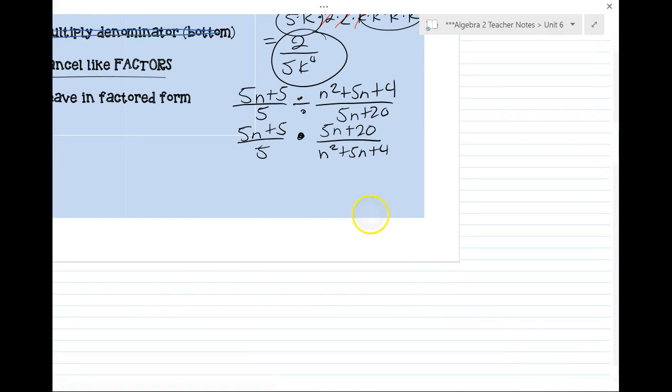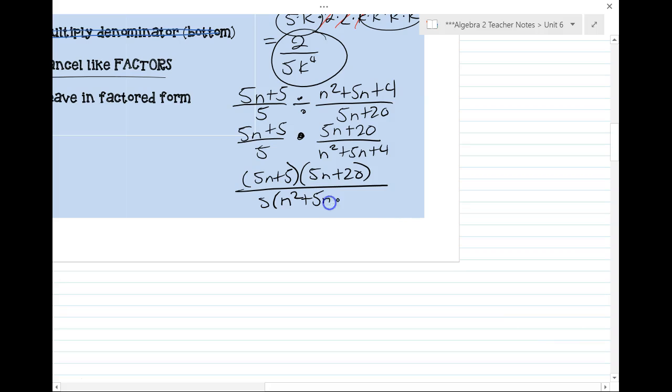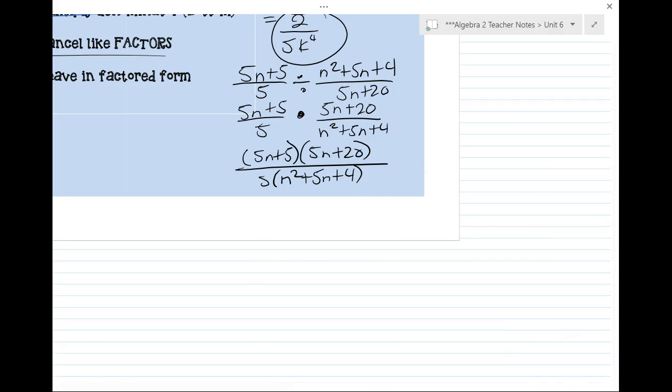Now again, we combine the top and the bottom. So combine the top, I have 5n plus 5, and then multiplied times 5n plus 20. And on the bottom, I have 5 times n squared plus 5n plus 4. Now what we have to do is factor out each of the binomials and the trinomials. So let's start with the top.